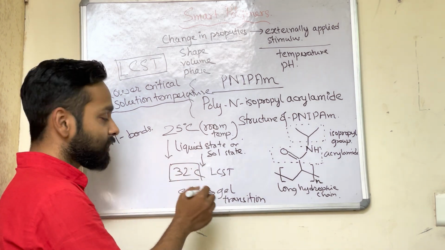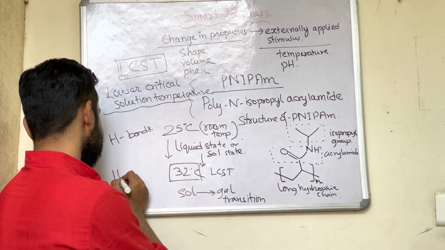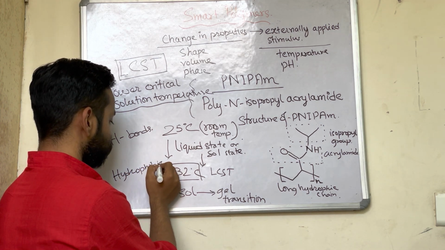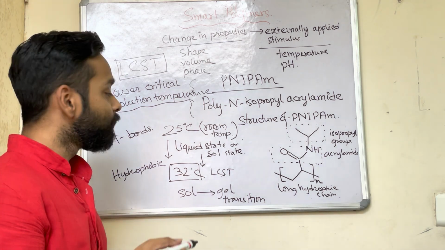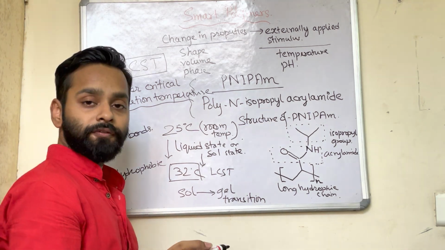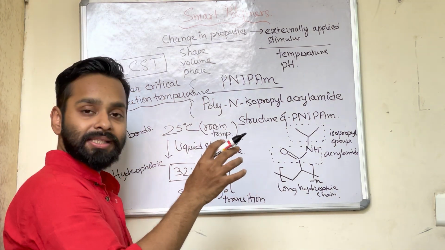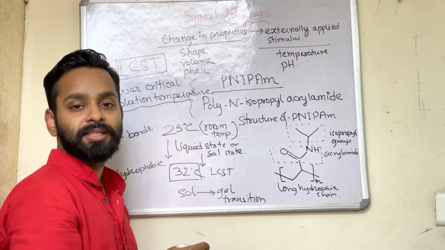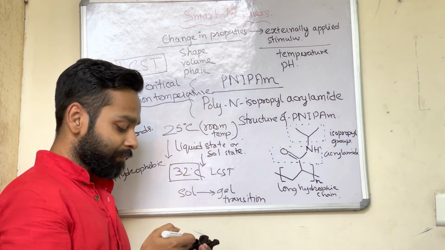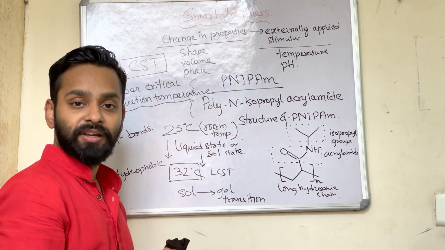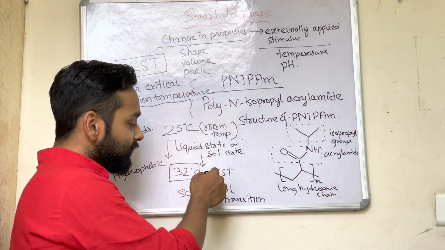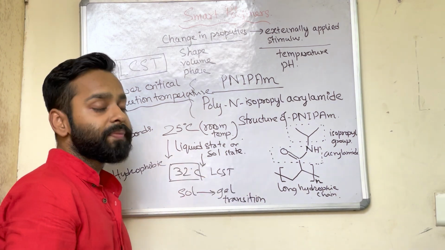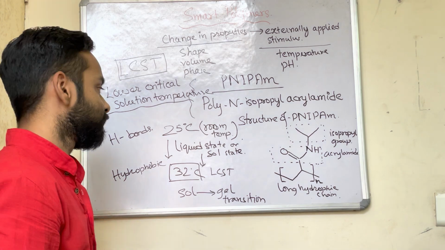But at higher temperatures, these hydrophobic interactions will predominate, and as a result these polymeric chains will start shriveling and these groups will start coming towards each other. So once this happens, the chain starts shriveling and it undergoes this sol to gel transition. So at 32 degrees Celsius, PNIPAm will exist as a gel.